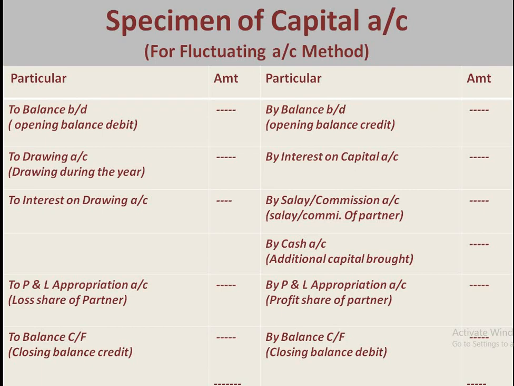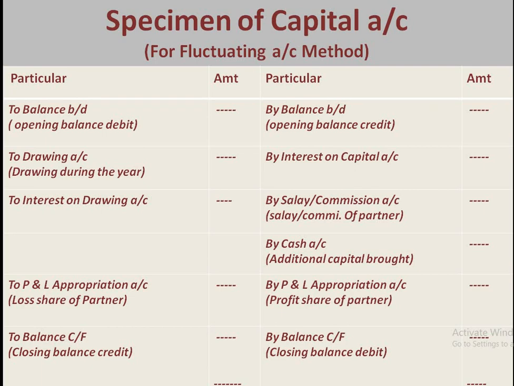Sometimes, in the beginning of the year, partner's capital shows debit balance, then you show it on debit side, and if credit balance, then credit side. Mostly it is always credit. Drawing made by partner during the year is debited to his capital account. Interest on drawing which firm charges from partner is debited to partner's capital account and credited to P&L appropriation account.